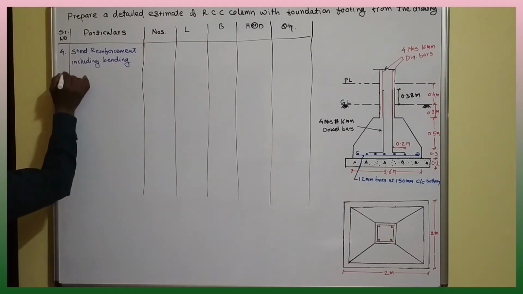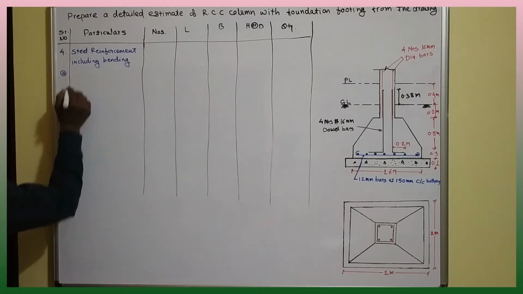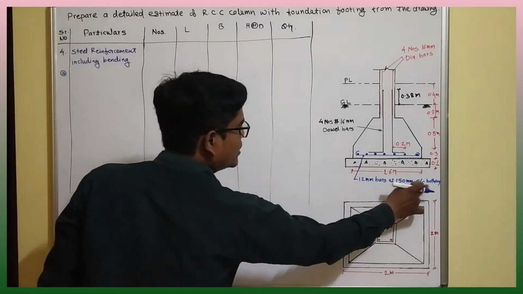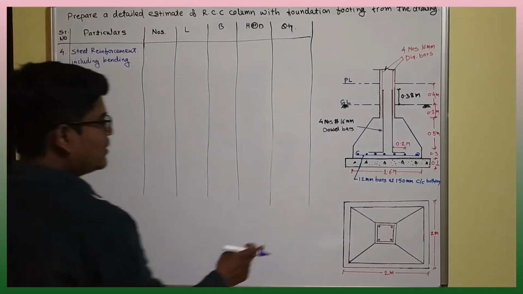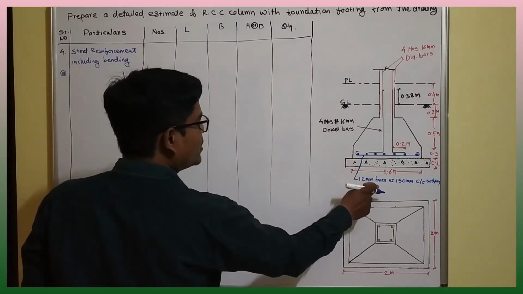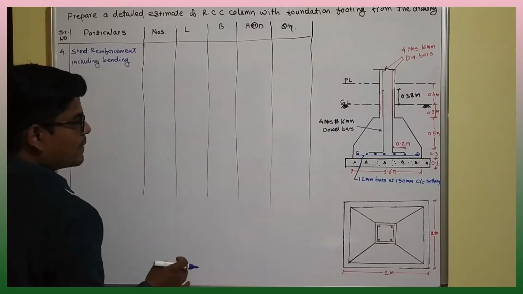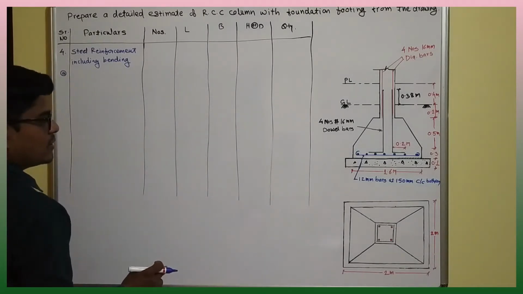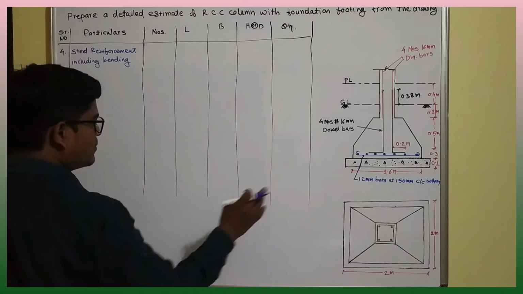So in that we have to calculate the reinforcement quantity first. See here, 12 mm bars at 150 mm center to center both way. These are provided in x direction and in y direction. So we have to calculate the quantities of this 12 mm bar. But before that, we have to calculate the weight of this 12 mm bar per meter. So how to find out the weight of bar?